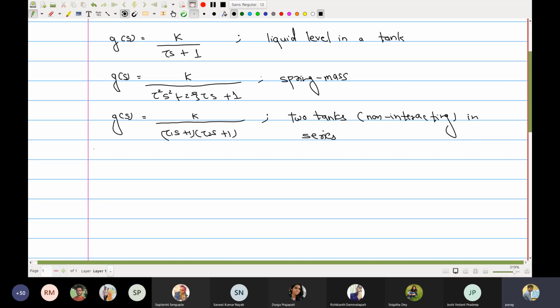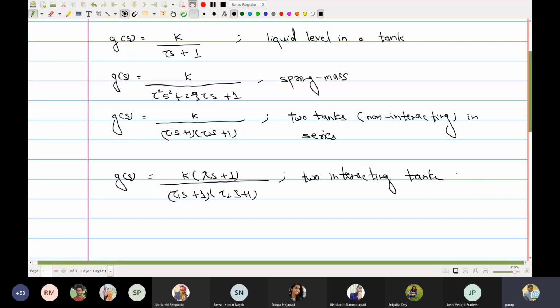And finally, the fourth transfer function which we looked into was of the form G of s equals K times (psi s plus 1) upon (tau 1 s plus 1) (tau 2 s plus 1). And the relevant example was two interacting tanks in series, right?